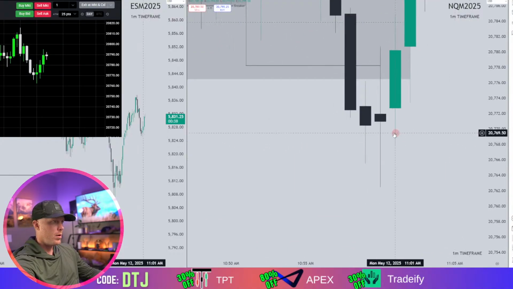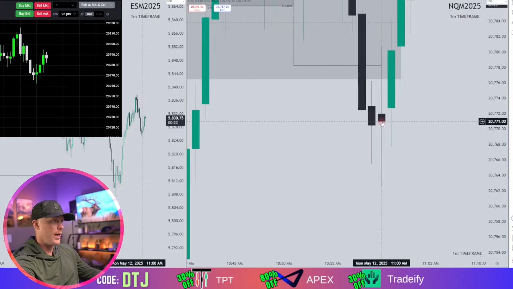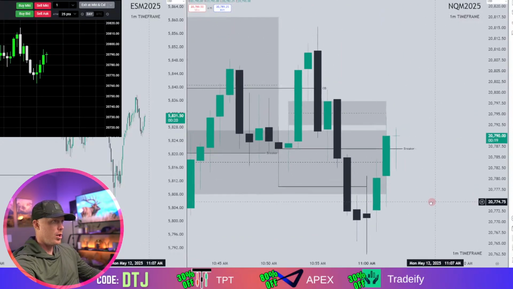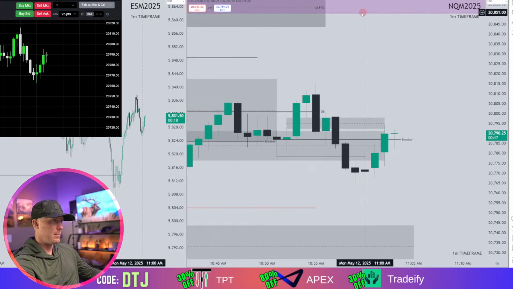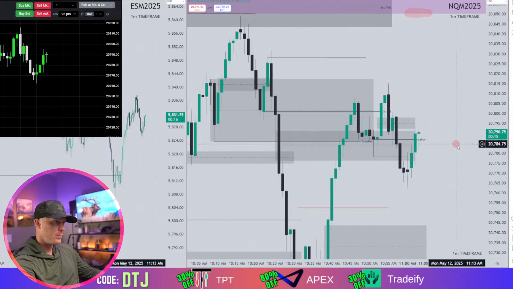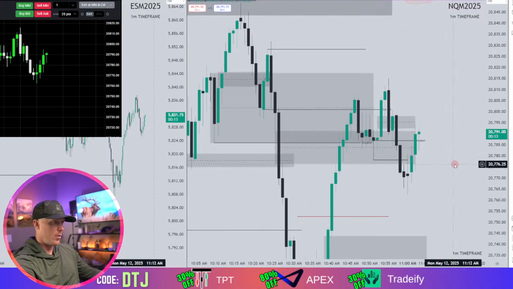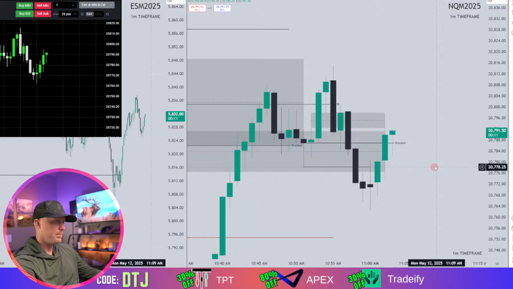Candle closed right here, made a lower low. I want that. Closed inside this candle. I didn't like that. That was the main reason why I considered getting out, knowing that we have the 15-minute fair value gap up here. But we still profited on that trade.